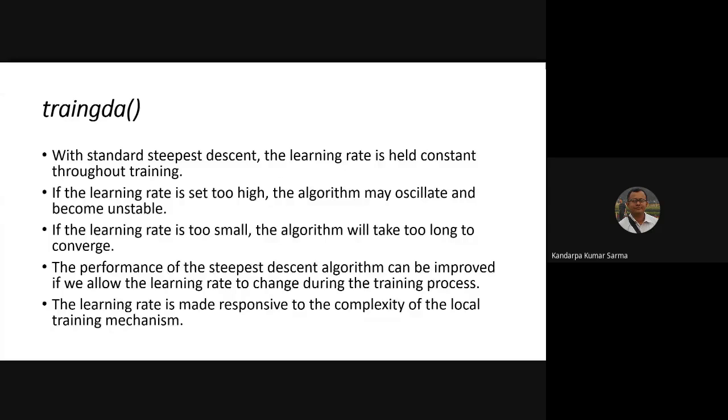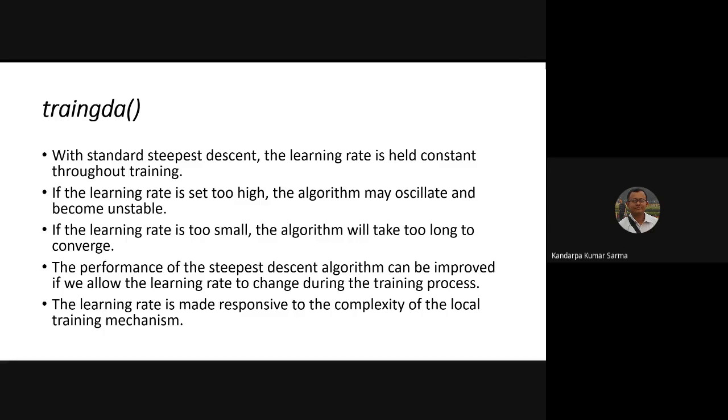Now, in the previous training methods, in case of train GD and GDM, the learning rate was held constant. Then we came to know that if the learning rate is set high, we may have an unstable network generated.